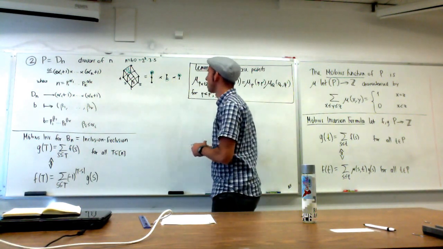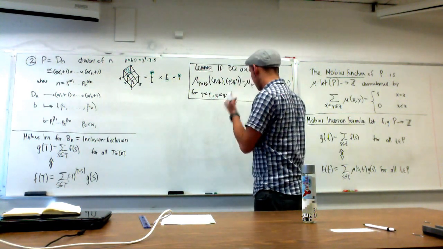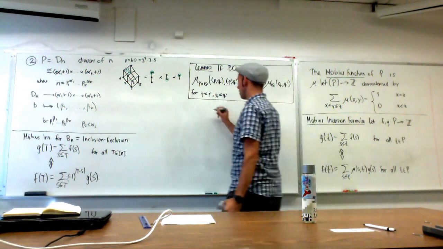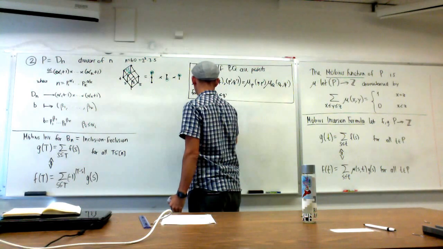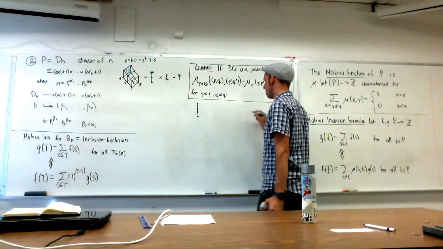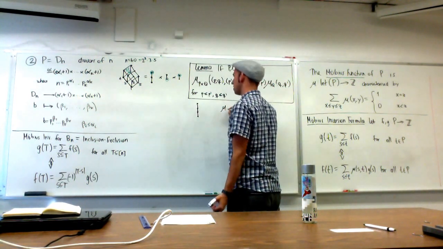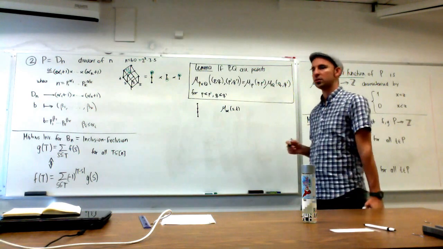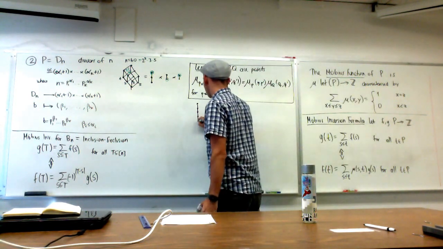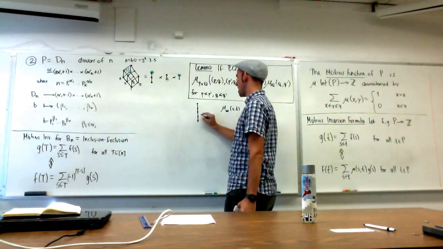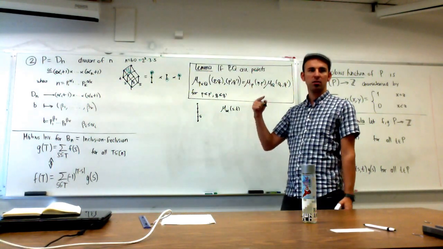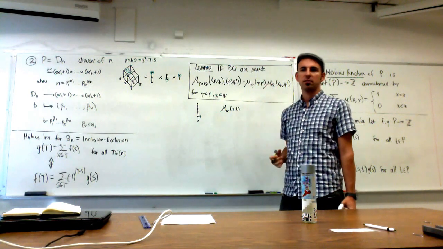But that's actually very easy, because for these posets, if you look at a chain, let's call it alpha, what is the Moebius function of s comma t? Well, s is somewhere along the chain, and t is either at s or higher than s.